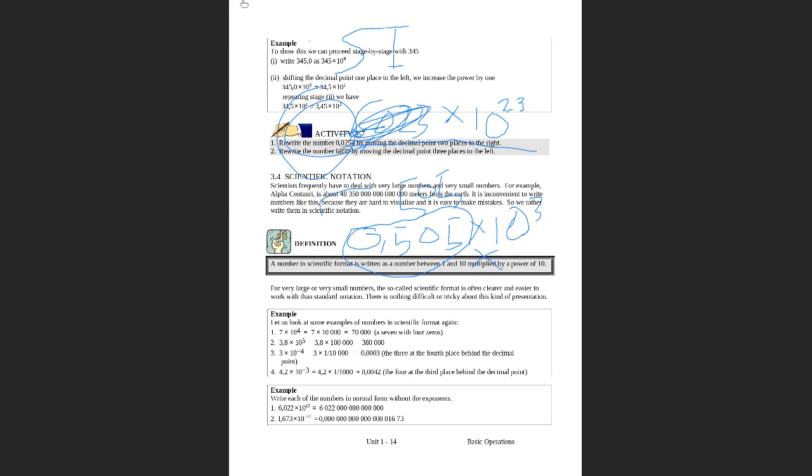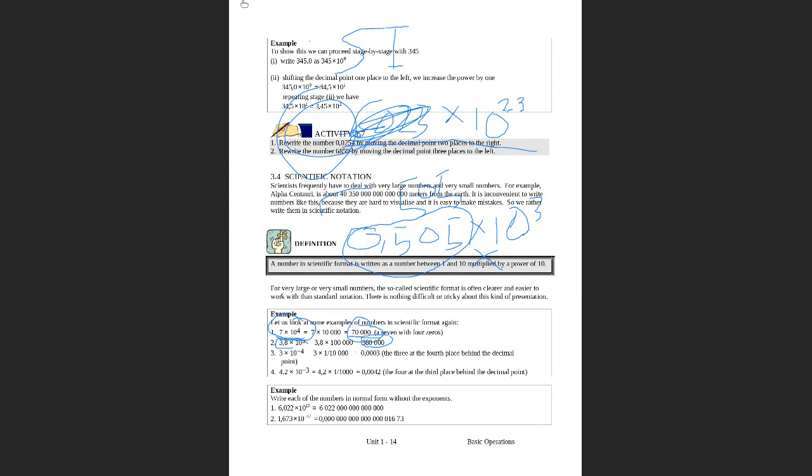Okay, good. Now, if you can look at these numbers, here you have a number in scientific notation. When you come here, it's in the normal form. So that's the difference between a scientific notation and a normal form.